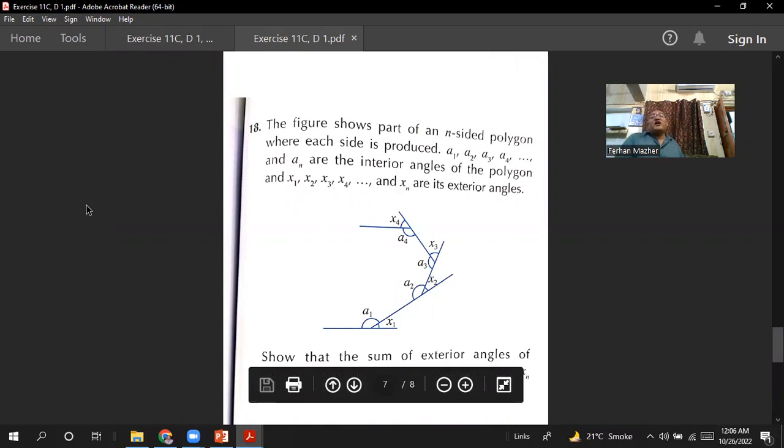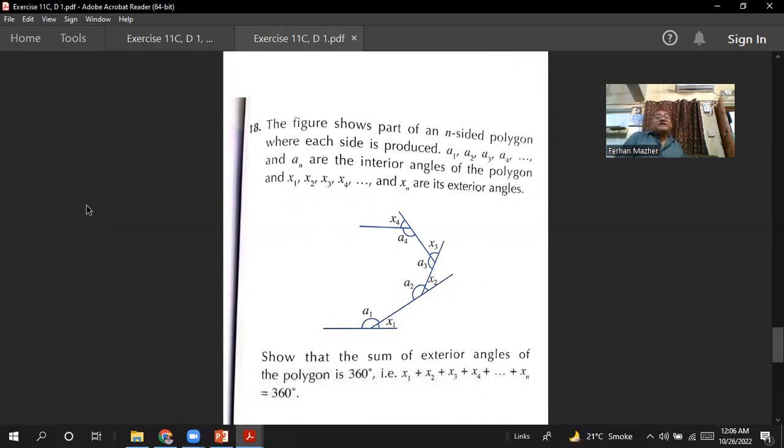The figure shows part of an n-sided polygon, where each side is produced. A1, A2, A3, A4, and up to An are the interior angles of the polygon, where X1, X2, X3, X4, and up to Xn are the exterior angles. Show that the sum of the exterior angles of a polygon is 360.